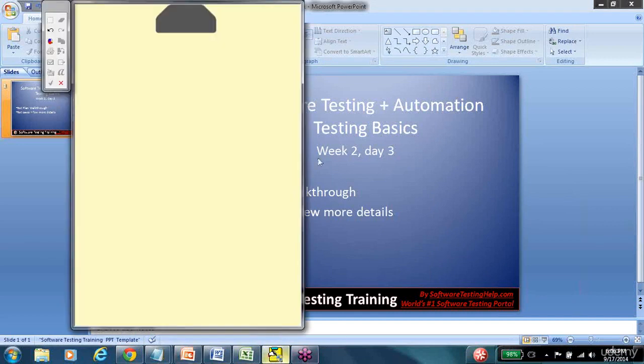So let's get started. Now, again, as I said, we have to always go back and see our position in terms of where we are at in the entire STLC, the testing lifecycle. We know that it has 3 phases: the test planning phase, the test design phase.